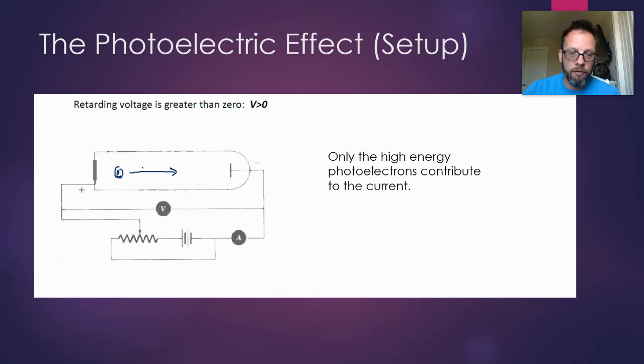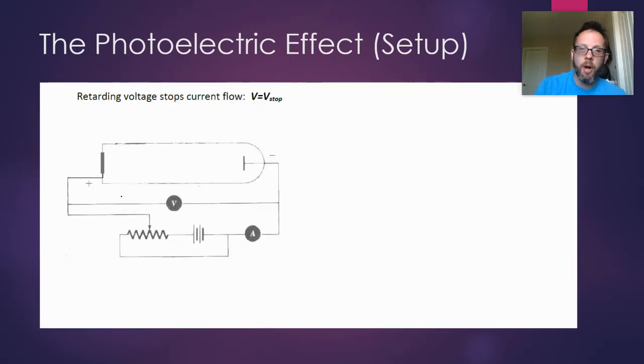They made it across, while others got turned back. Maybe they didn't have enough kinetic energy coming off the plate, and so they got turned around. And then finally, when there's a certain voltage that's high enough, all of the electrons turn back. Some of them might get turned back right away.